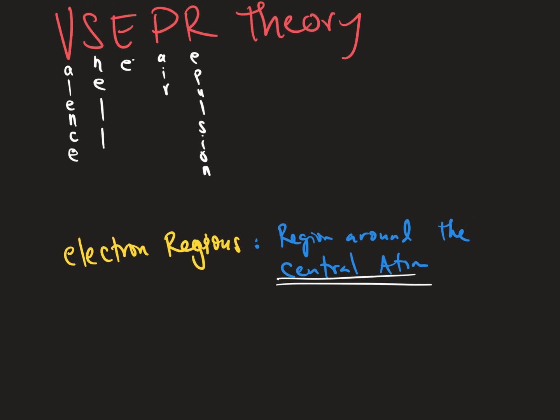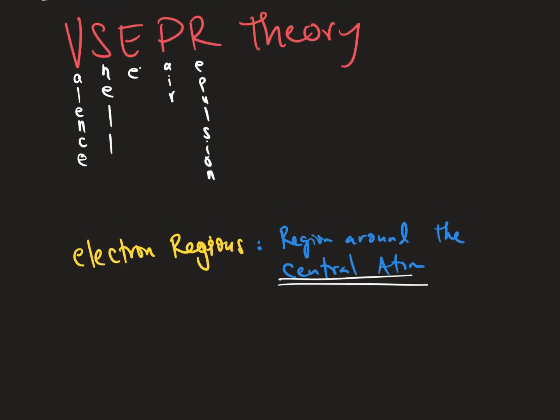So, for example, if we have ammonia, NH3, remember how to draw the Lewis structure here? Count the valence electrons first, right? How many for nitrogen? Pull your periodic table out. 5, good.